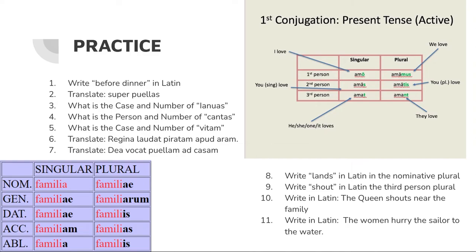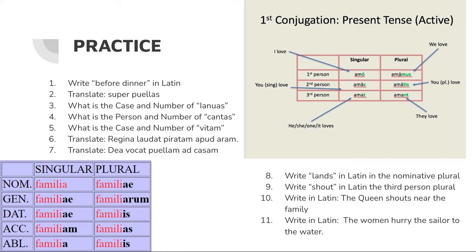And then apud, we learned before, means at or near. So we'll see which one is better in context. So the queen praises the pirate at or near, and aram, if we look at the vocab, means altar. So the queen praises the pirate at or near the altar. I think in this case, either of them works, but we could just say at the altar. So the queen praises the pirate at the altar.